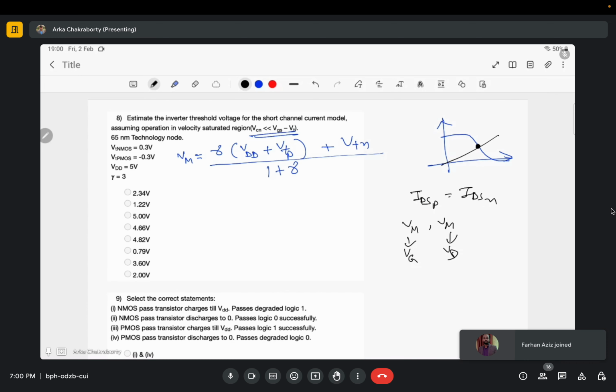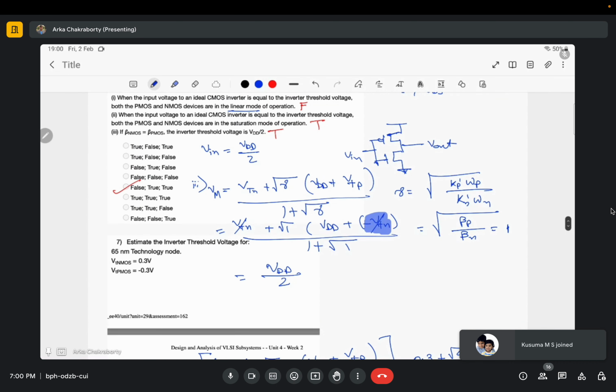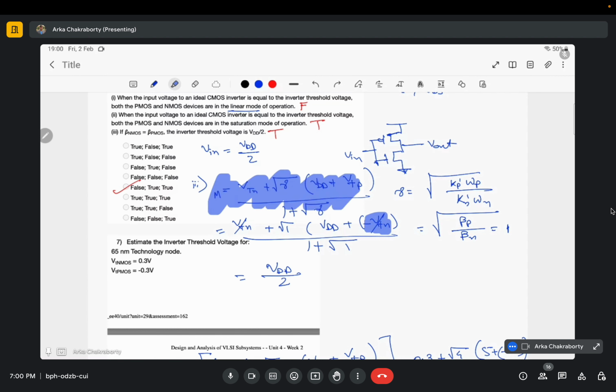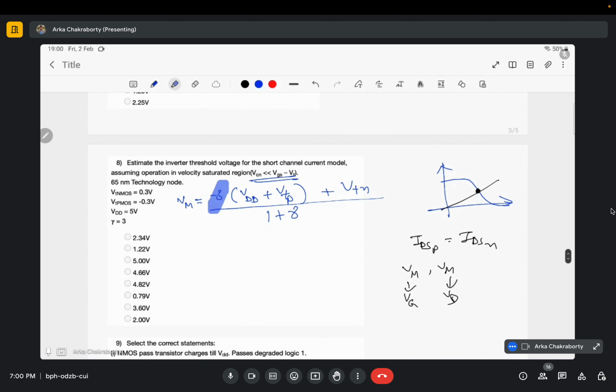For long channel devices you will get this equation. For short channel devices, velocity saturated devices, you will not get this equation directly; it comes up after a special condition. But what you will get is this. Let me write it for you.